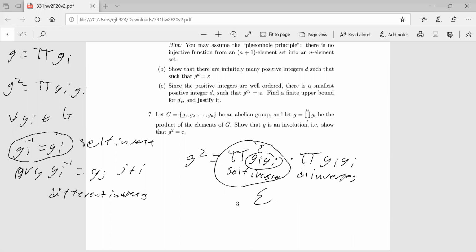And then these guys, every single one of these we can just pair up with the GJ that is also in the different inverses, right? Because if GI is in different inverses, so is GJ.